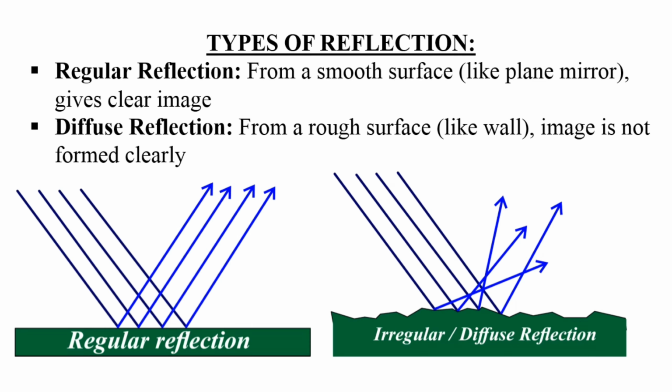Reflection takes place, but the image formed is not clear because the surface is not smooth. So regular reflection comes from smooth surfaces and gives clear images, whereas diffuse reflection occurs from rough surfaces and the image formed is not clear.